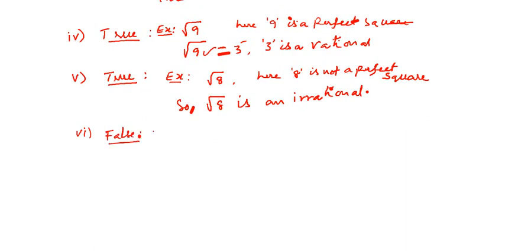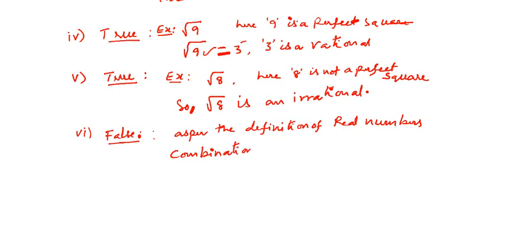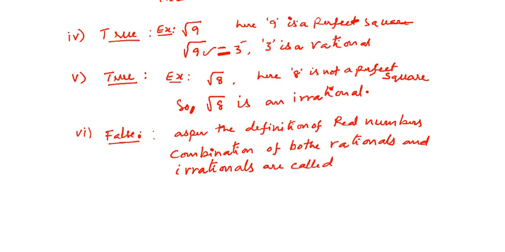As per the definition of real numbers, combination of both rationals and irrationals are called real numbers.